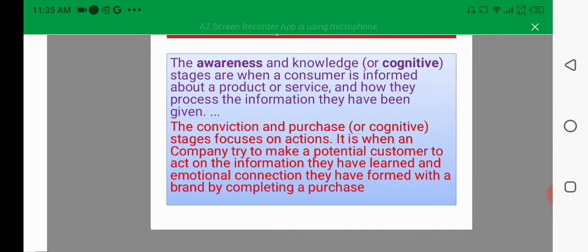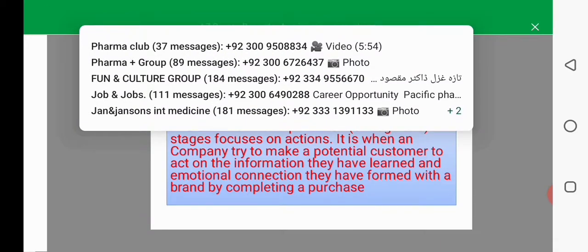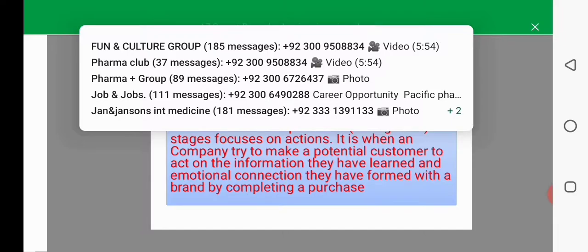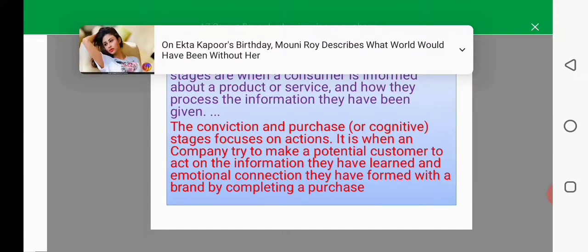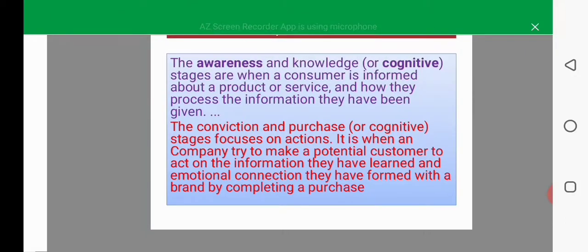The third stage is the conative stage to purchase. This stage focuses on actions. It is when a company tries to make a potential customer act on the information they have, and from the information they learn and the emotion concerned with the form of buying a brand or particular complex purchases.